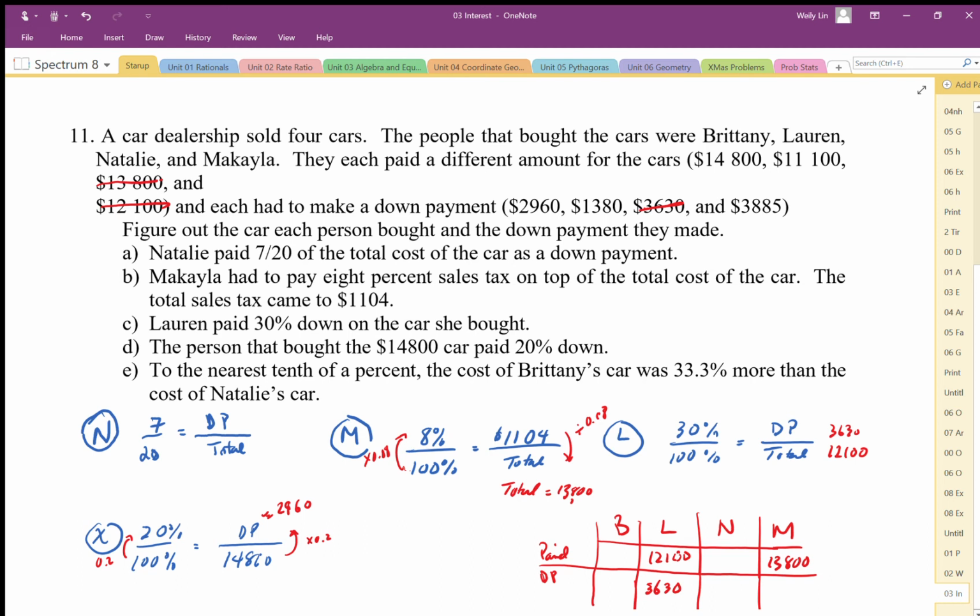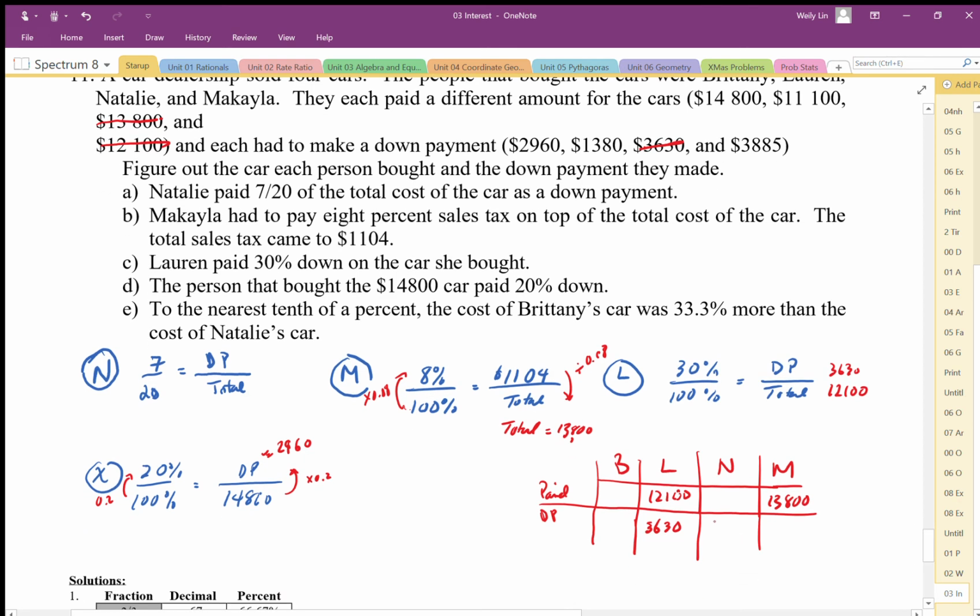So if I do 11,100 times 133%, it's approximately 14,800. So Natalie's car was 11,100 and Brittany's car was 14,800. Okay, so we can get rid of those.